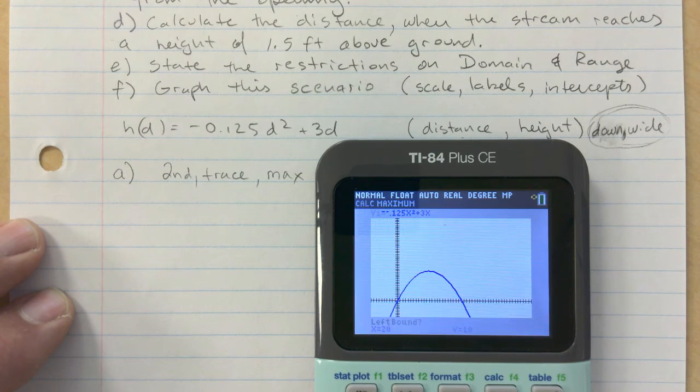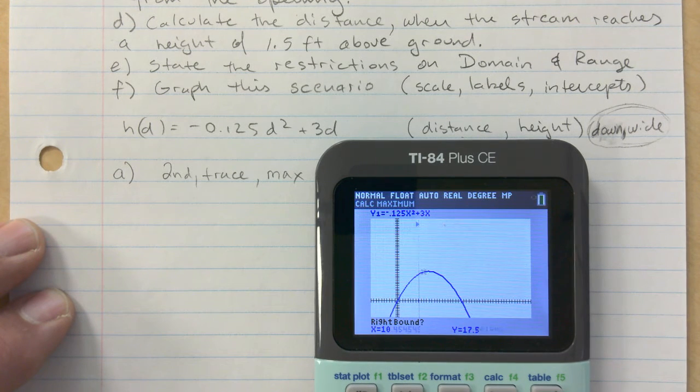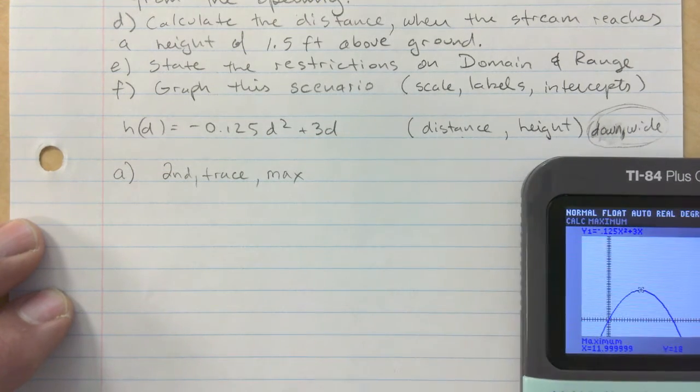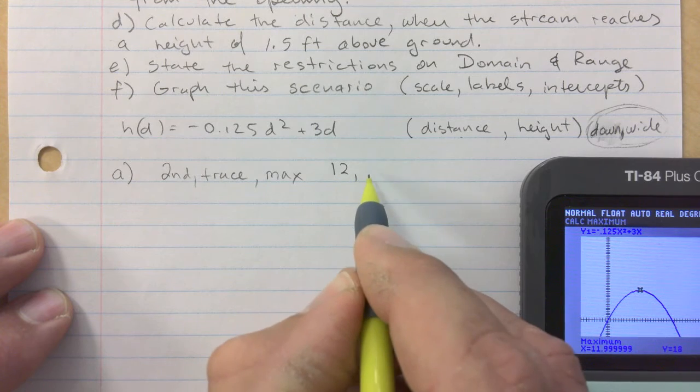So max, I'm going to go to the left of the vertex, hit enter. I'm going to go over to the right, hit enter, and it's 12. This will definitely round to 12, 18. There's no e's or anything, so we don't have to worry about zeros. So we write down 12, 18.